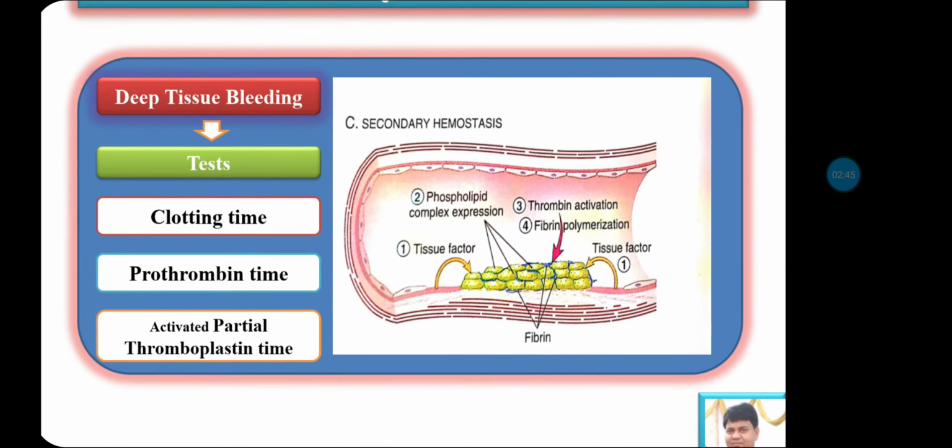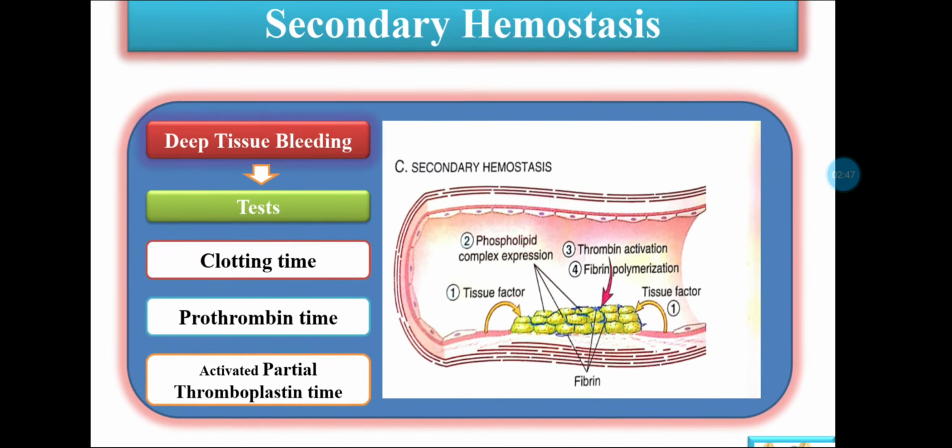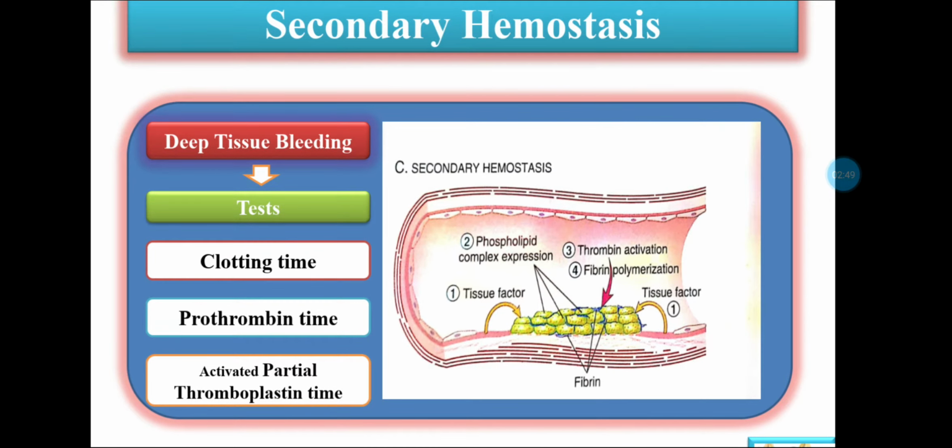If we go through secondary hemostasis, we can see multiple steps are involved. The first step is the release of tissue factor from the injured subendothelial surface, and this triggers the extrinsic coagulation pathway, which finally results in the conversion of fibrinogen into fibrin.